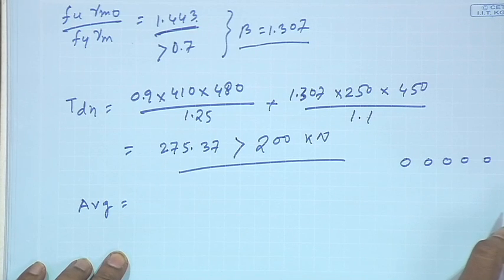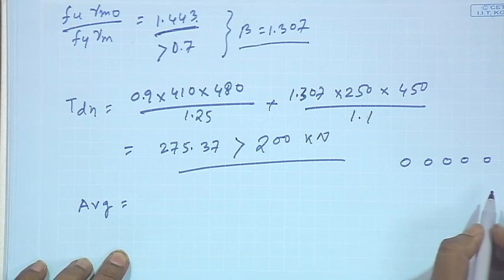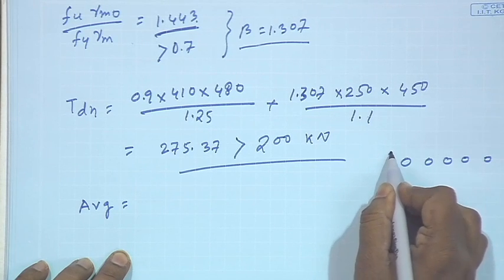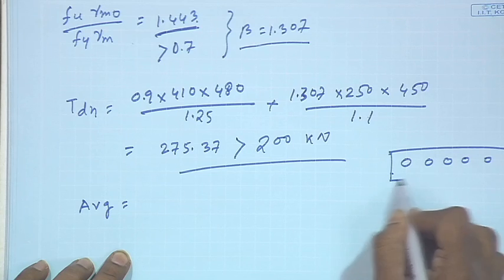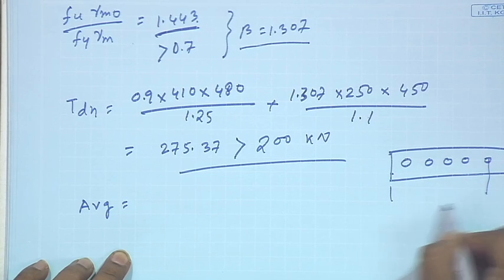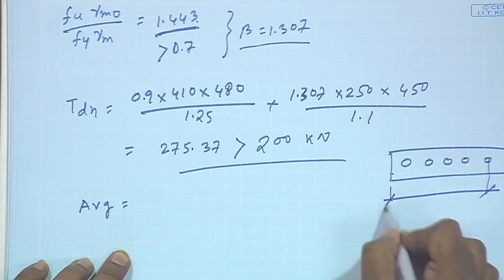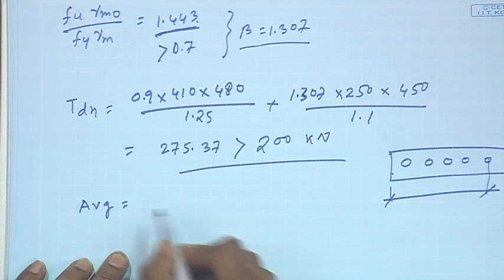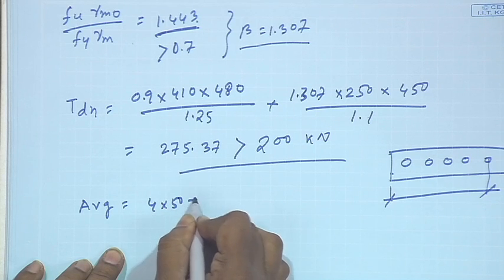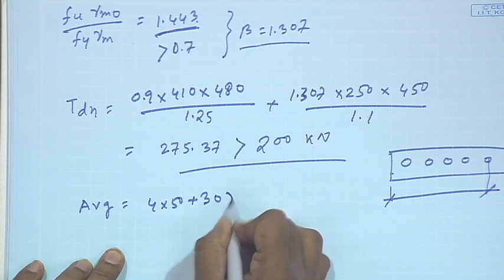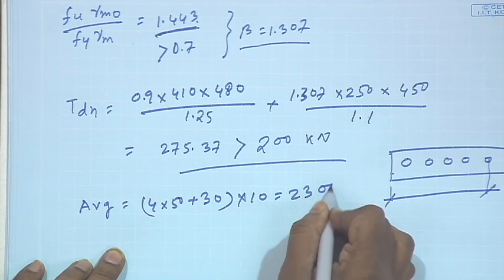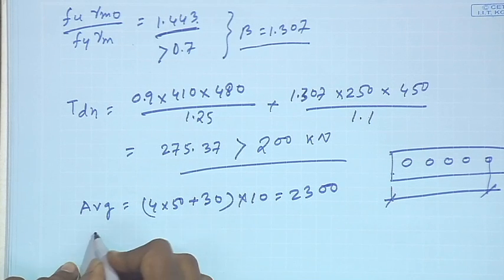So, AVG value we can find out, 5 bolts, then if I see it is like this. So, the distance will be end distance to the center of the end bolt, that is 4 into 50 plus 30 into thickness 10. So, the area is becoming 2300 millimeter square.